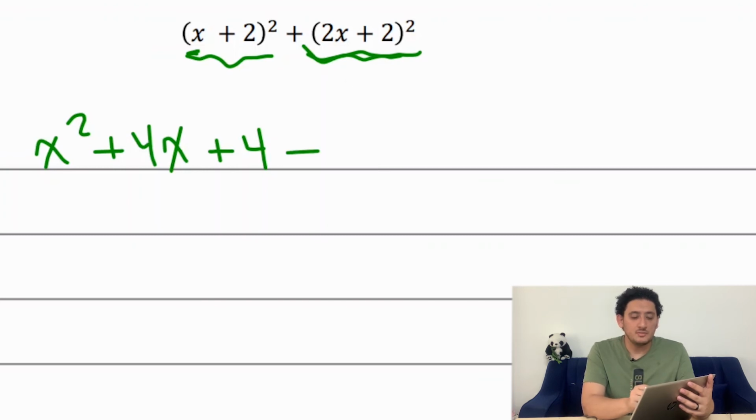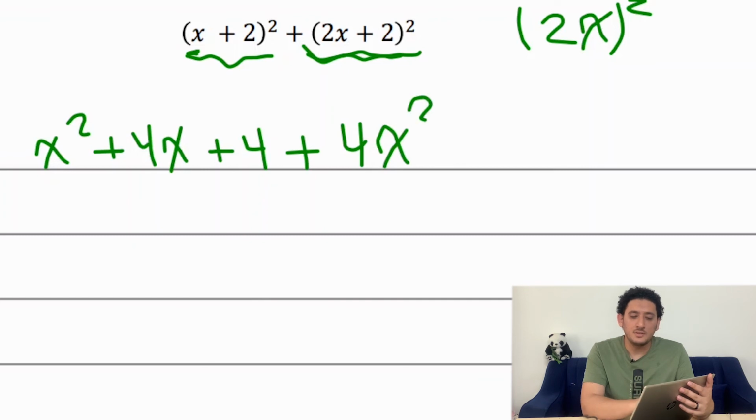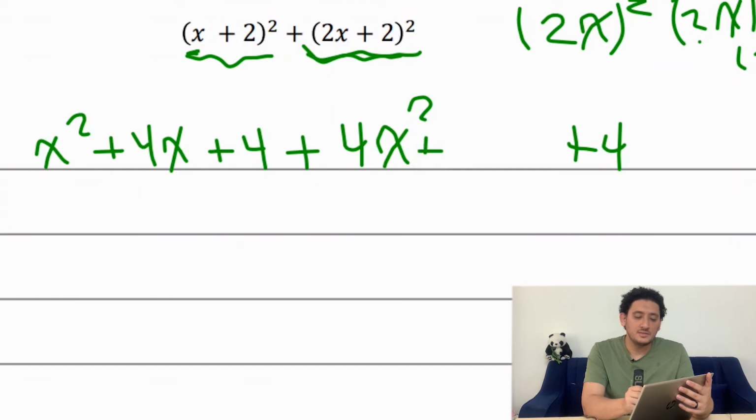It means we will make 2x all squared, and it means 4x squared. 2 power 2 means 4. And between them, you will multiply 2x by 2 by 2. So 2 multiply 2 multiply 2 equals 8, and there is one x remaining, so we will just put x.